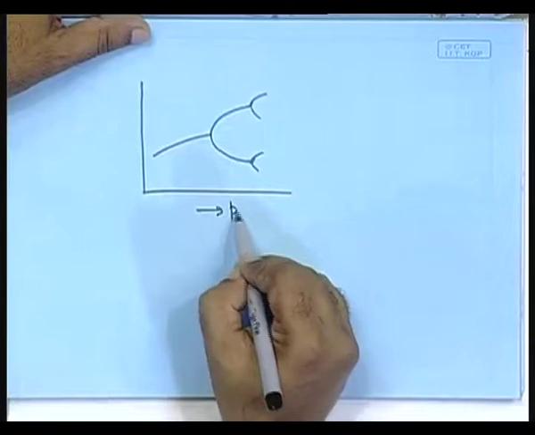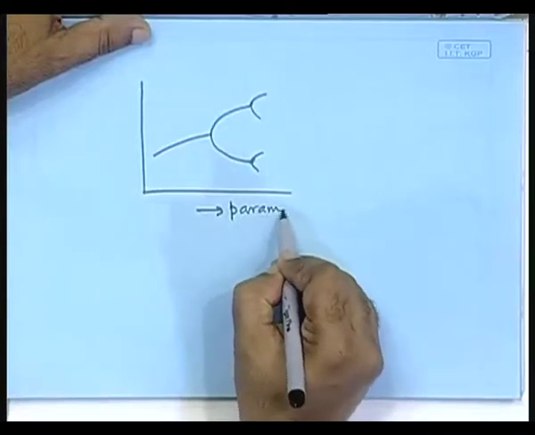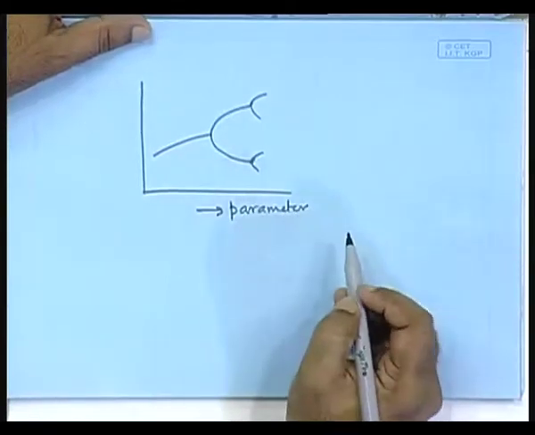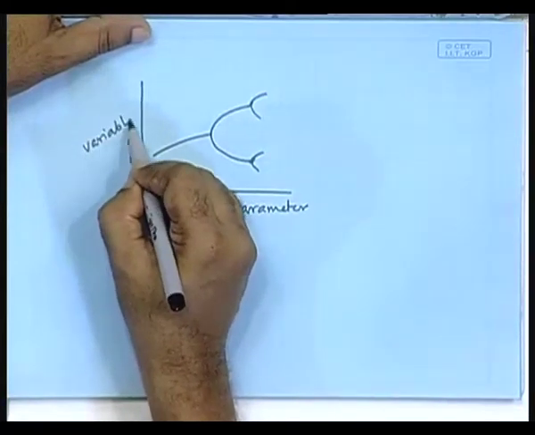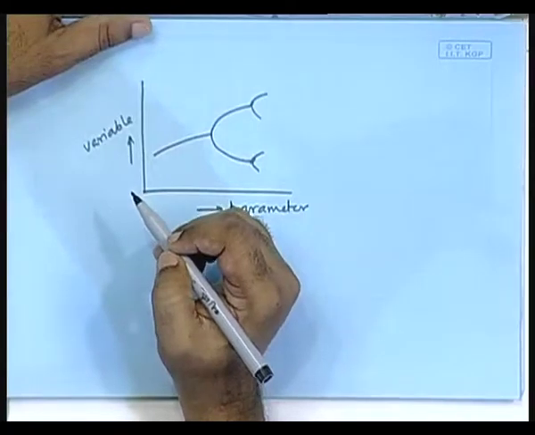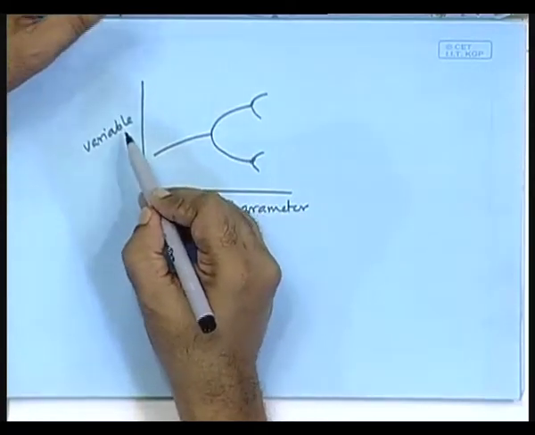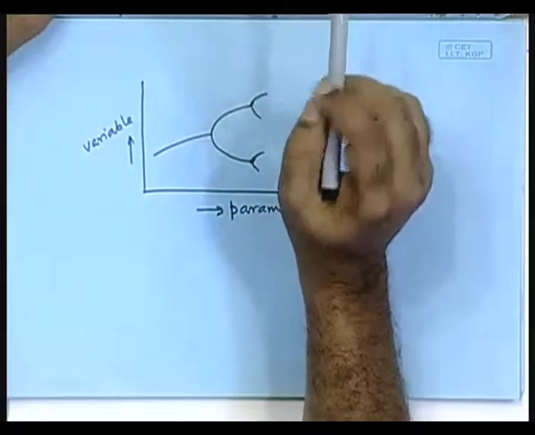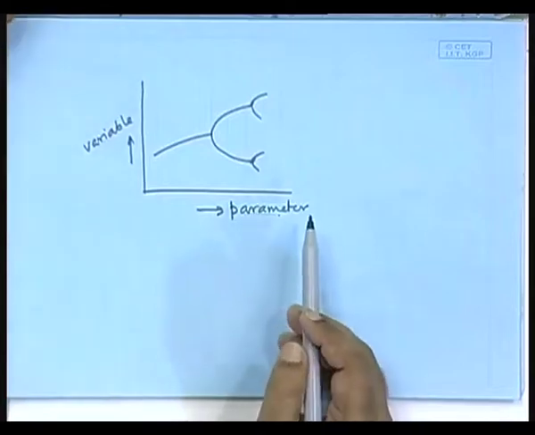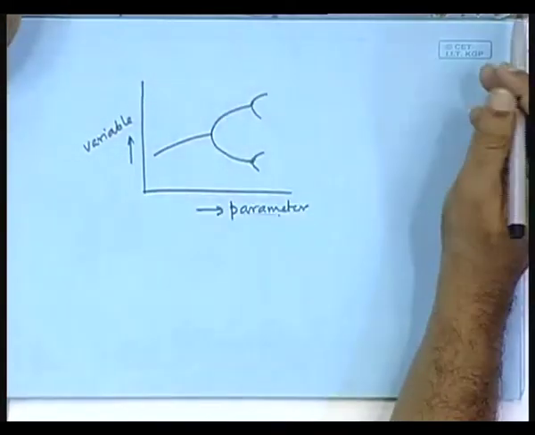It is a parameter, and what is your y axis? It is a variable. This variable could be x, y or z, and these, as I told you, have to be obtained as voltage signals, but the parameter then also has to be obtained as a voltage signal, then only you can put it on the CRO.